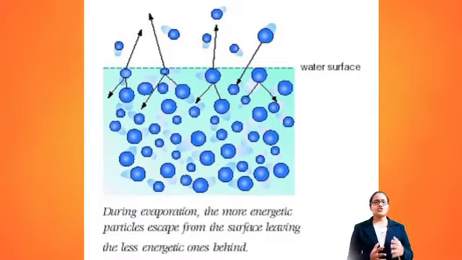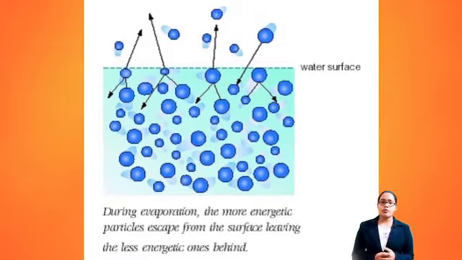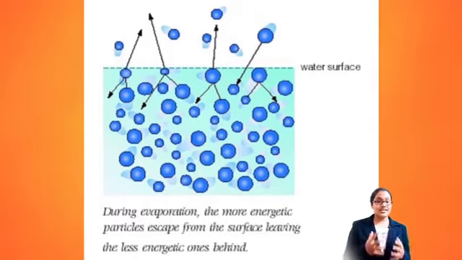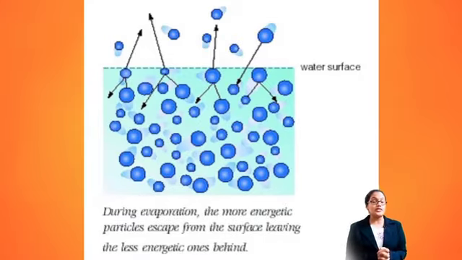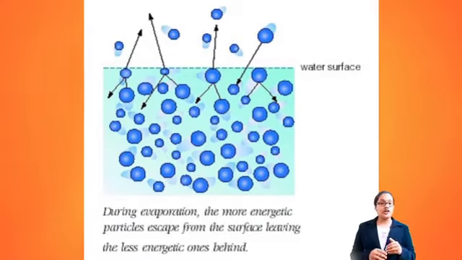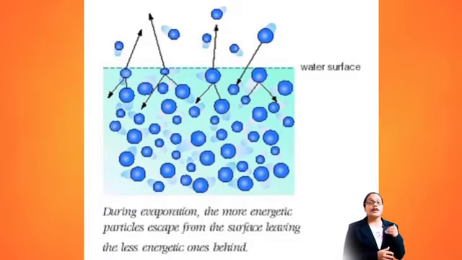So when a liquid is even below its boiling point, some particles get enough energy to break the force of attraction between them and escape from the surface of the liquid in the form of vapor or gas. Thus, fast moving particles of liquid are constantly escaping from the liquid to form vapor, and that is how evaporation happens.